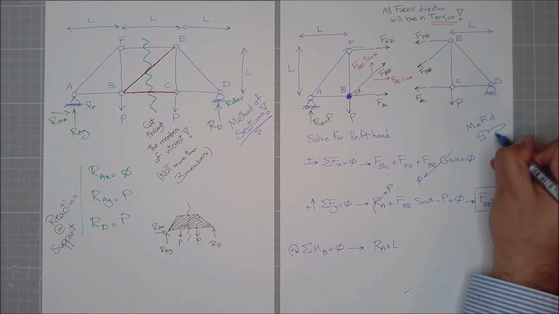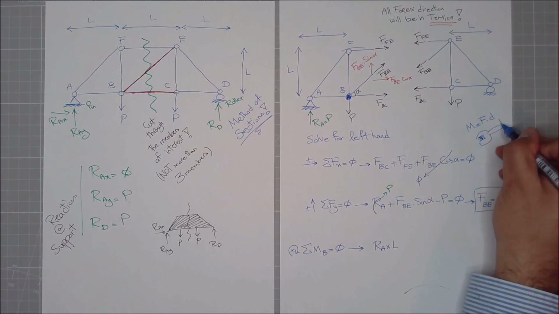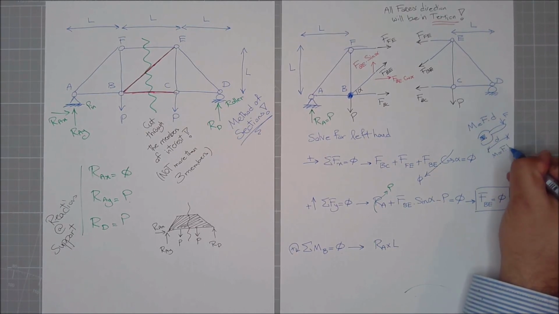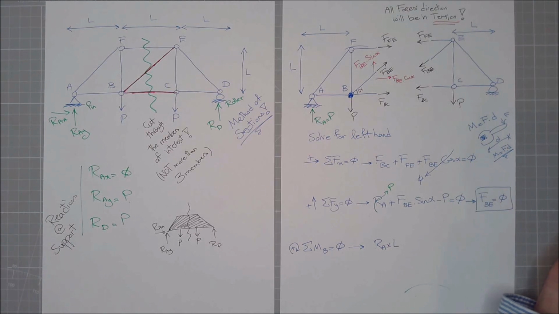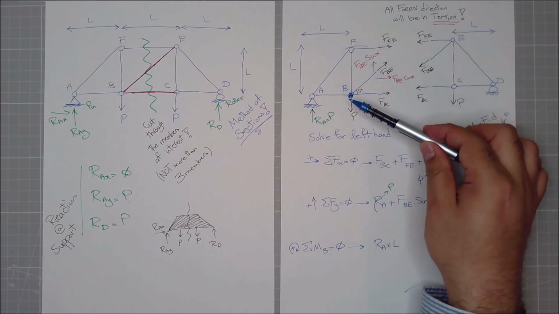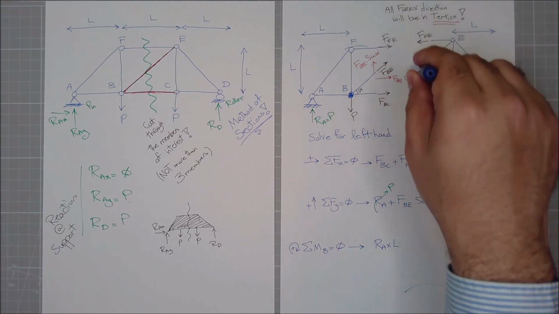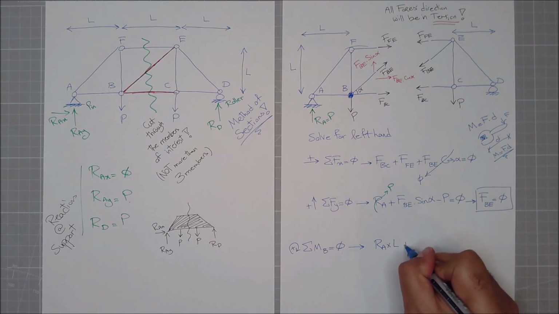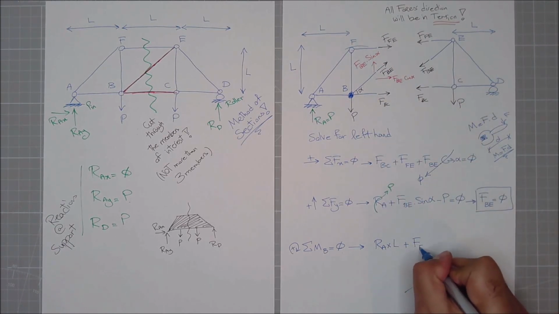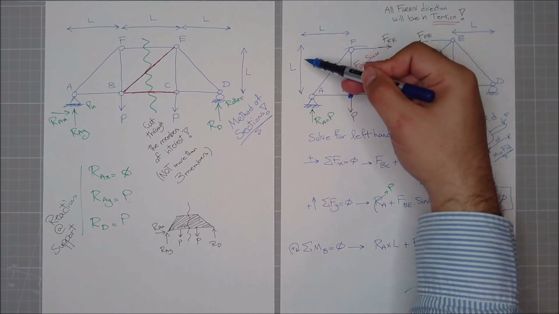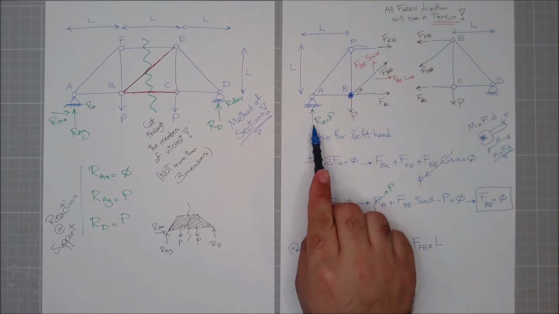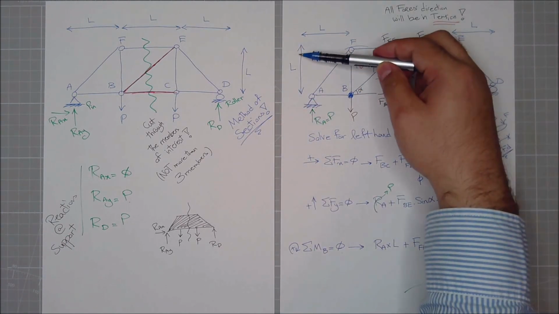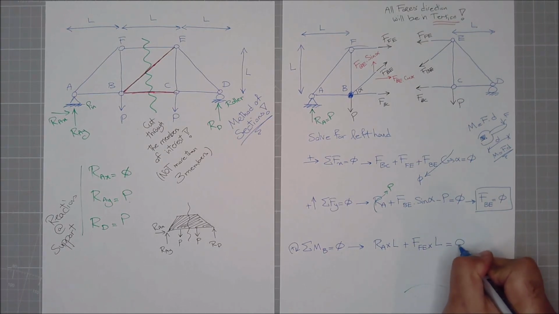So the distance between F and B is the parallel distance to generate M equals F times D. The distance of this force to point B, where I'm generating a moment which will be clockwise following the arrow with the center of B, will be L, so FFE times that distance, which is L. So RA times its distance, which was L, and FFE times its distance, which is L, equals 0.